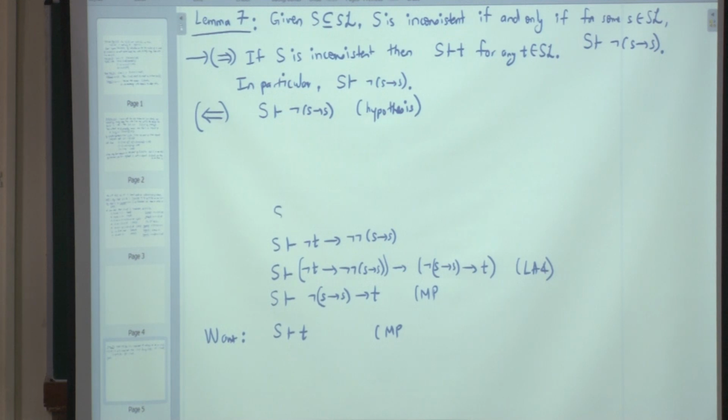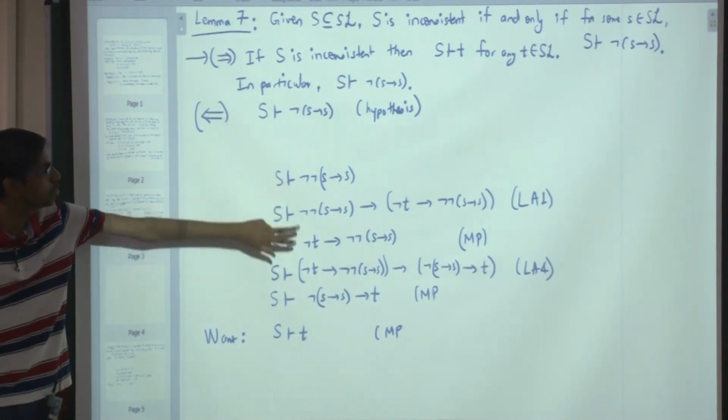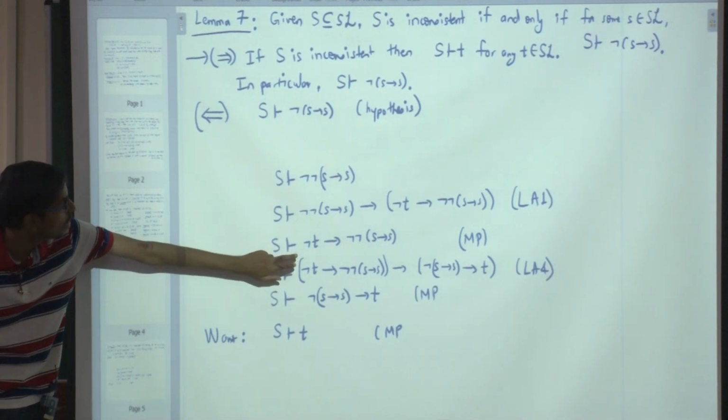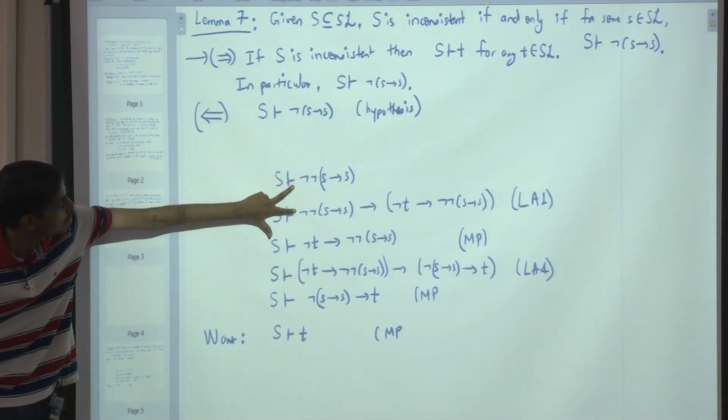So if we have LA1, then we just need this: double negation S implies S implies negation T implies double negation S implies S. This is LA1 and then this is MP, provided we have somewhere double negation S implies S. If we have this, then using these two I can conclude this.